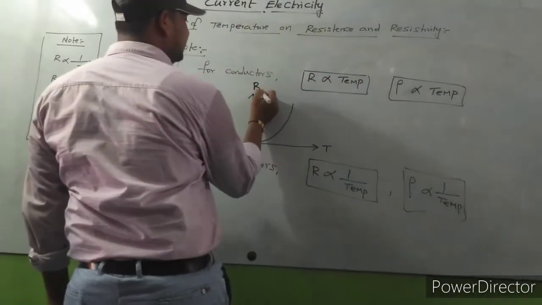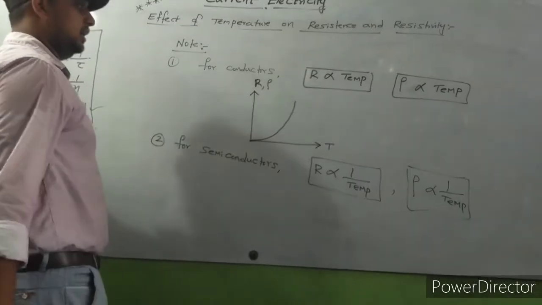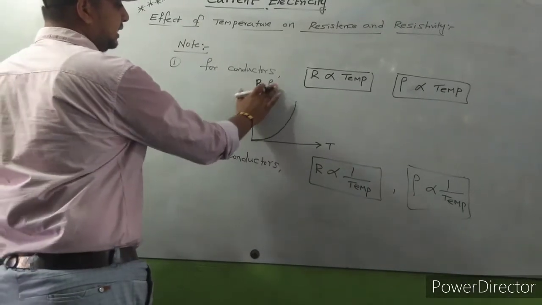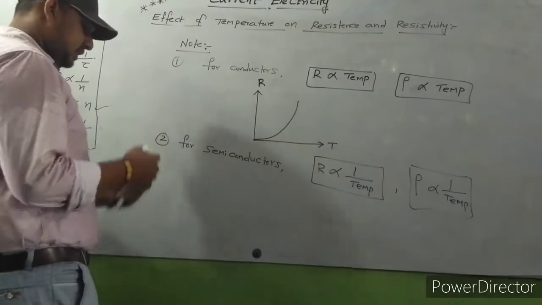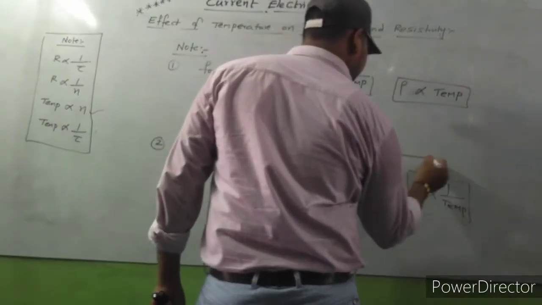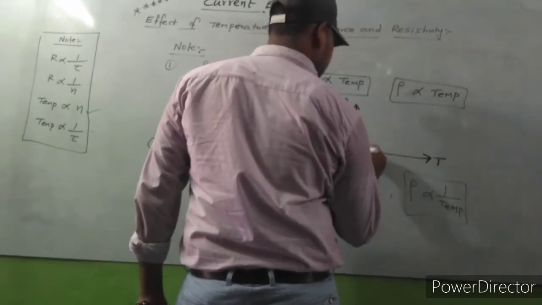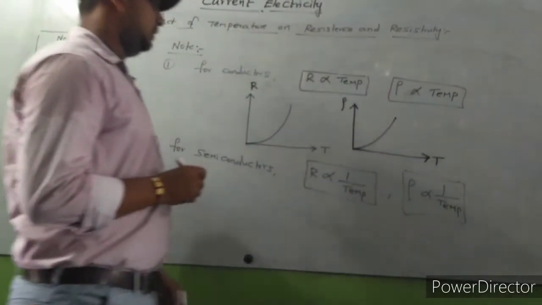We consider resistance or resistivity on the y-axis; the resistivity graph is the same as this.